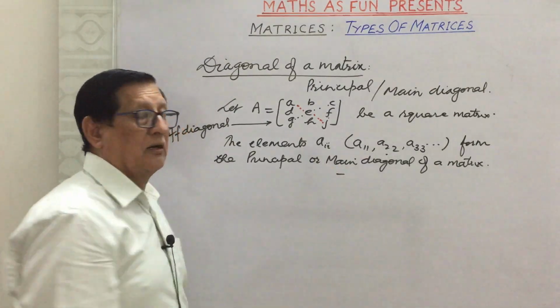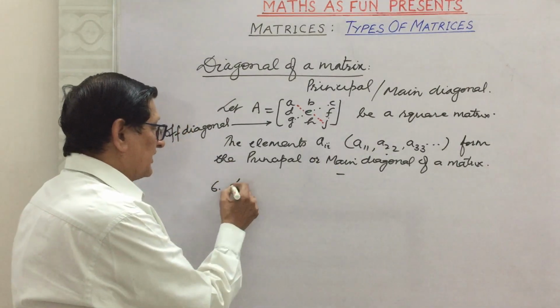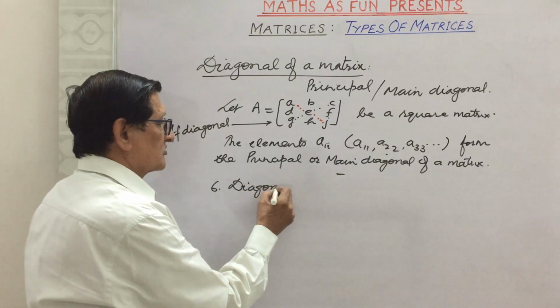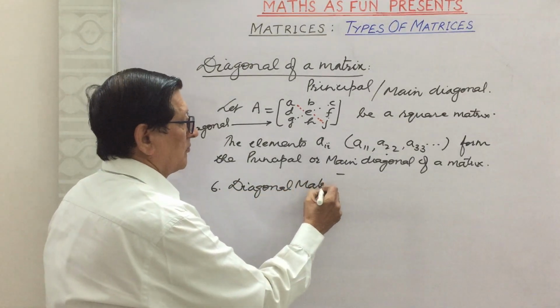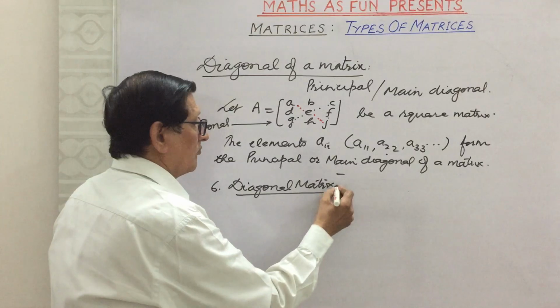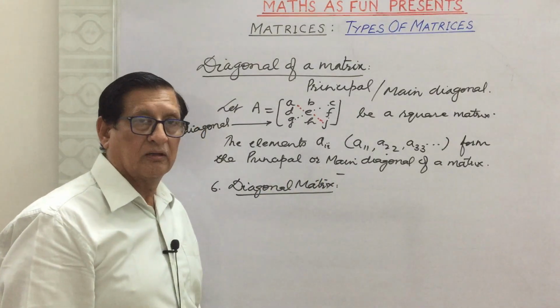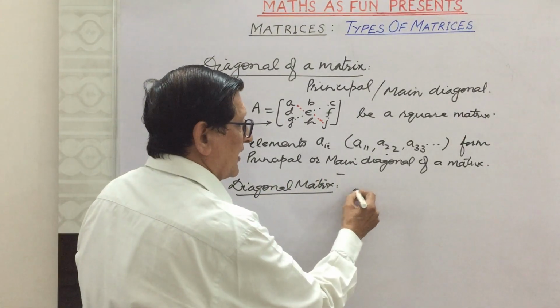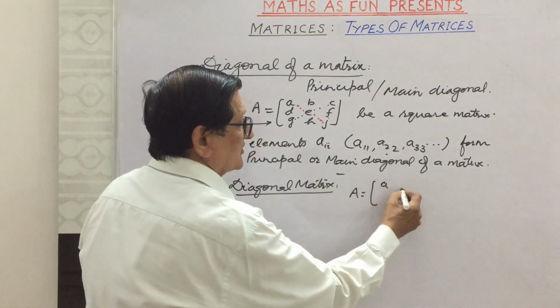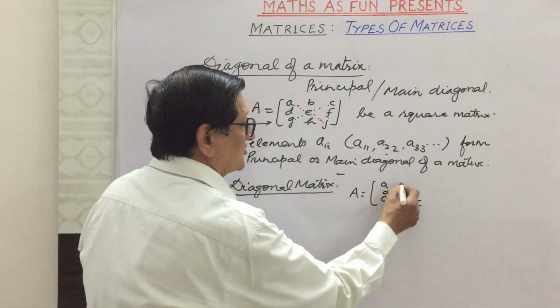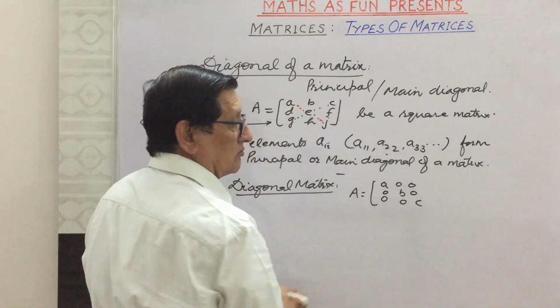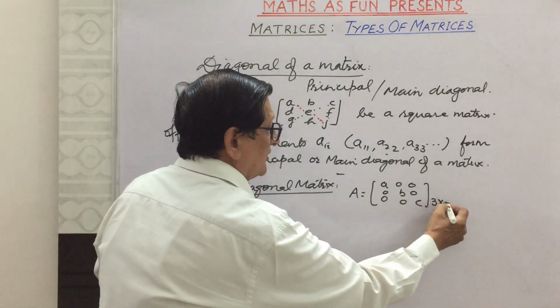Based on the diagonal, we have the sixth type, that is the diagonal matrix. Suppose we have a matrix A and the elements in this are a, b, c, 0, 0, 0, 0, 0, 0. We find this is of order 3 into 3.